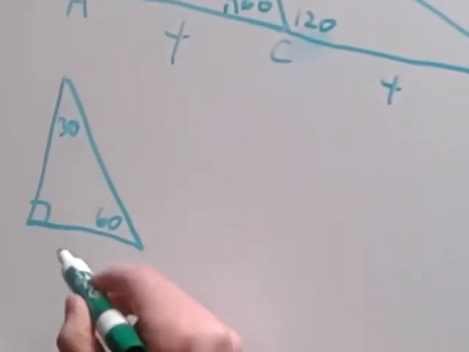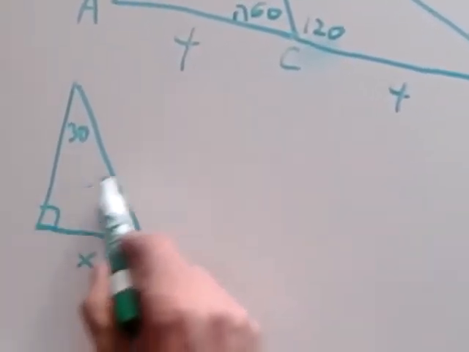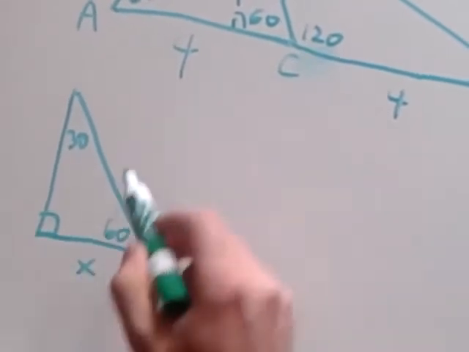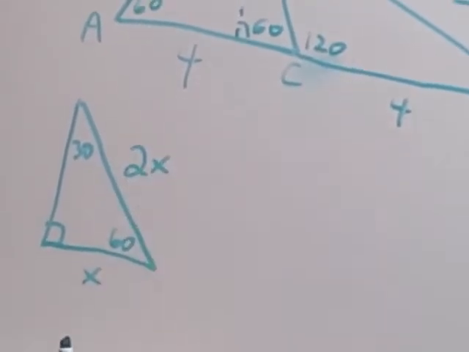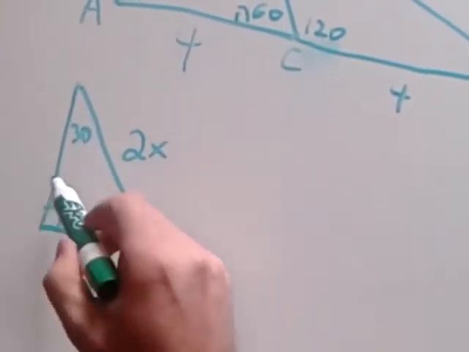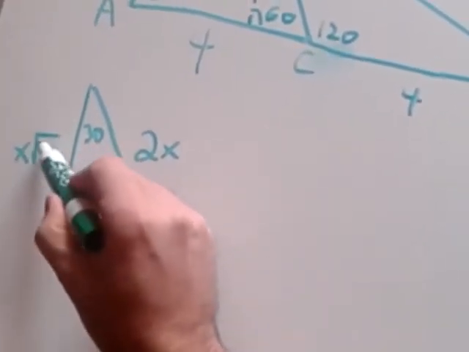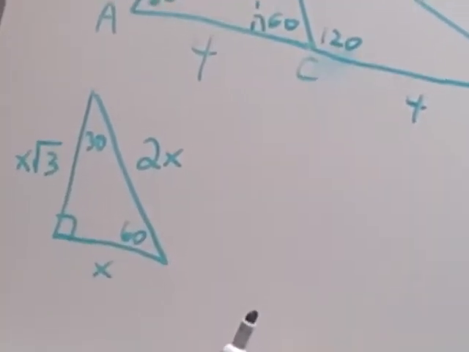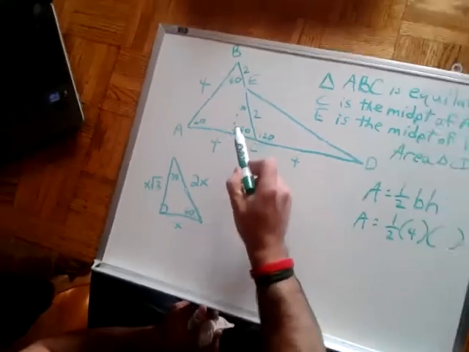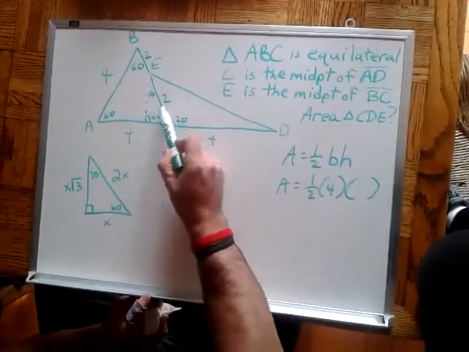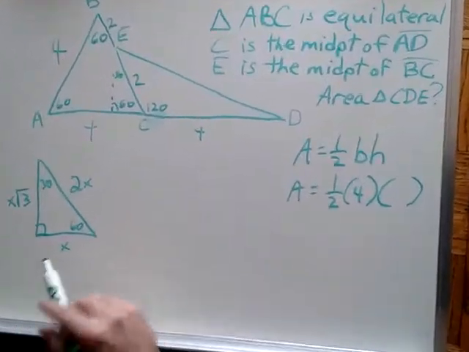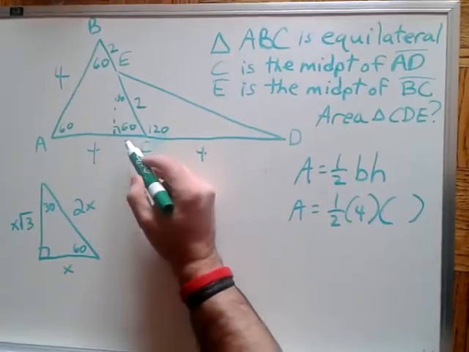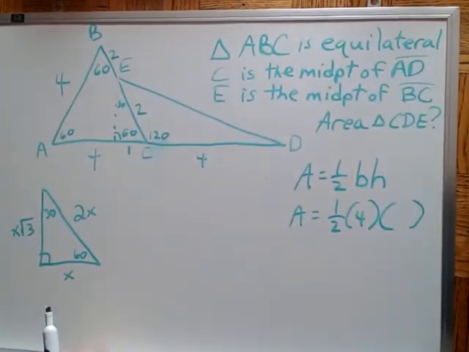Opposite the 30-degree angle, we'll call that X. Opposite the 90-degree angle is always going to be double that smallest side, so we'll call that 2X. And opposite the 60 is just the smaller side, X, times the square root of 3. So now let's see what we have here. We have a 90-degree angle. Opposite that side is 2, which would make opposite the 30 1.